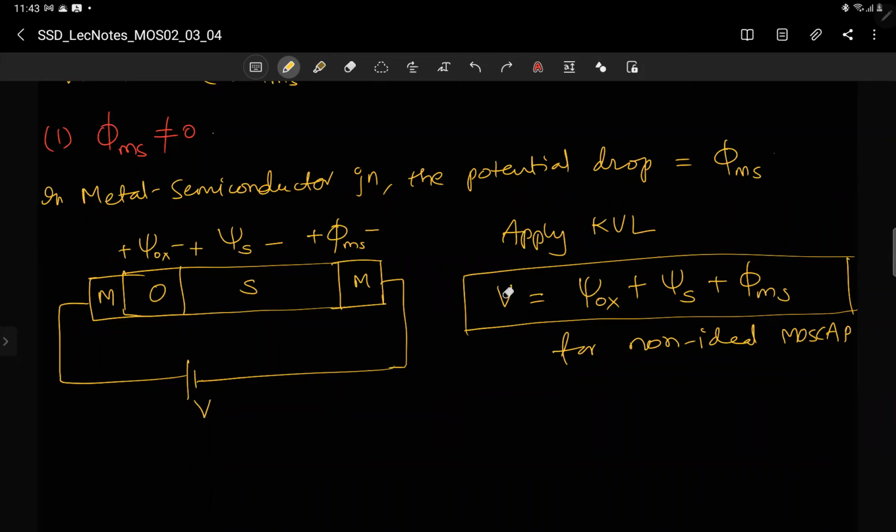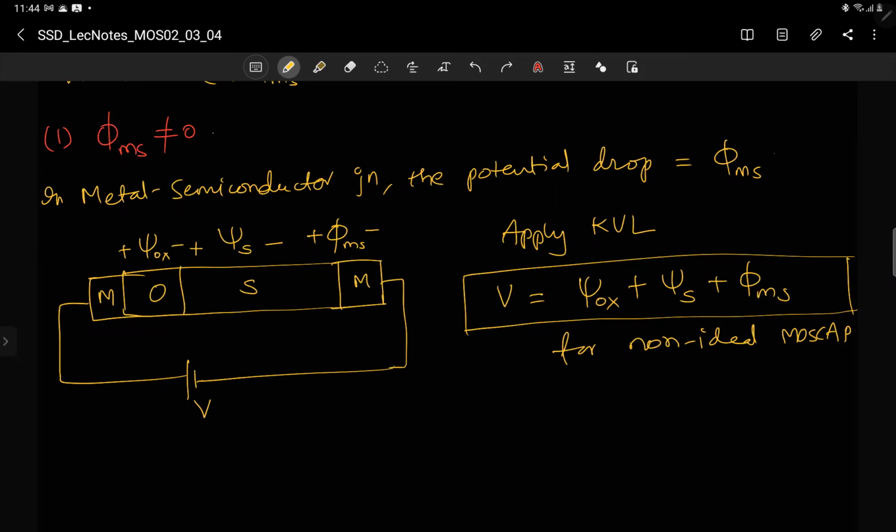So if you put V equal to 0, and if there is a phi ms here, there has to be psi ox and psi s. Which means there will be some charge in this MOS junction also. Whatever be the charge in the metal, drop is going to be approximated to be 0. Okay. So in the oxide and in the semiconductor, definitely there should be some drop, because if V is put 0, psi ox plus psi s plus phi ms should be 0, and phi ms is non-zero, which means this together must be equal to minus phi ms. Okay.